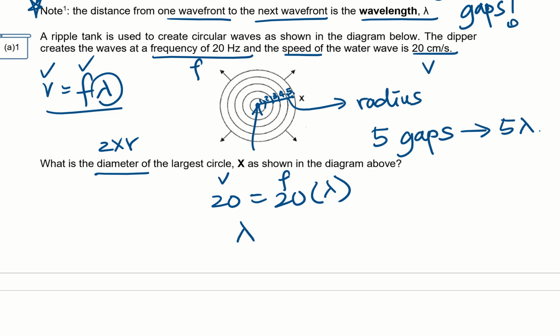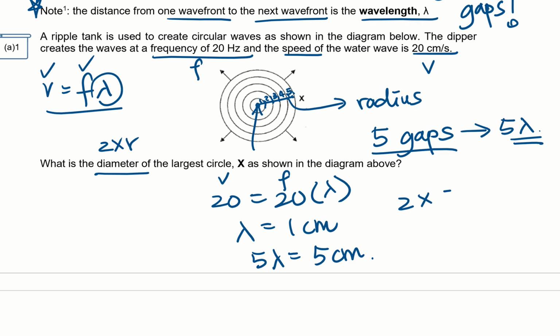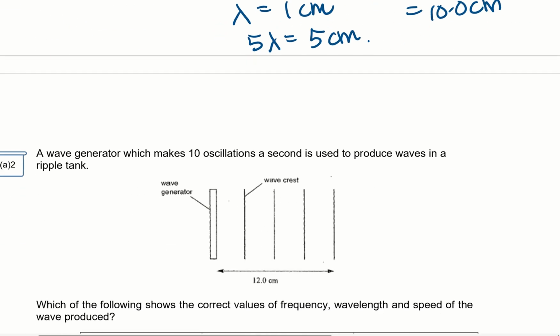The wavelength is actually 1 cm. So I have 5 gaps, 5 wavelengths, so 5 wavelengths will be a value of 5 cm. And this is the radius. Therefore, the diameter will be 2 times 5 equals 10 cm. So this is how we apply counting the gaps.